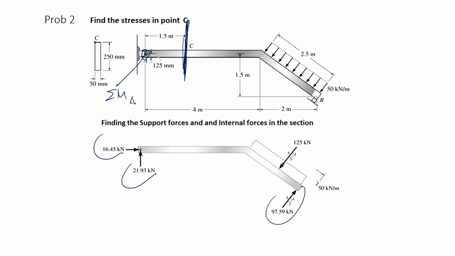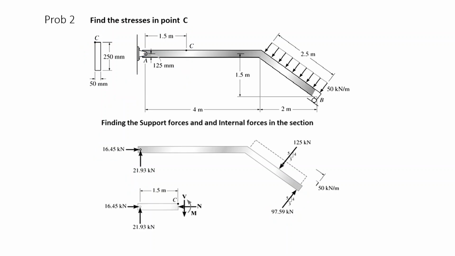For this, we cut over here, and this time we take the left side. So in this section, the possible forces are the normal force, the shear force, and a bending moment.